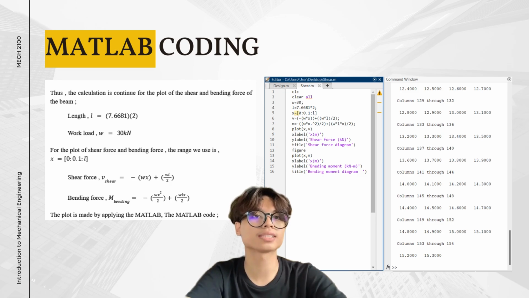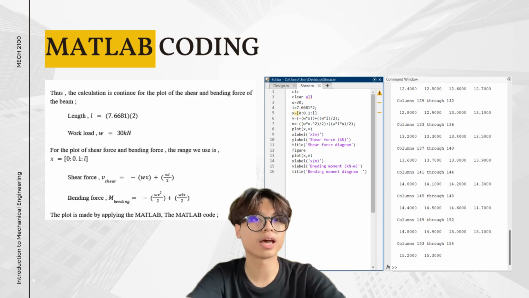The X label we plot as X in meter, and the Y label we plot as shear force in kilonewton. The title for the first diagram is shear force diagram. Then we go to the second diagram, where we plot X and M, with M representing the bending moment equation.